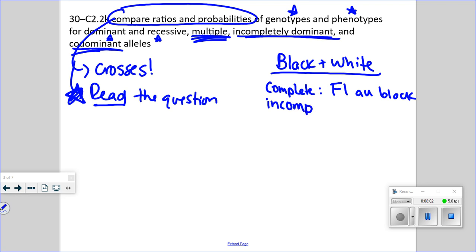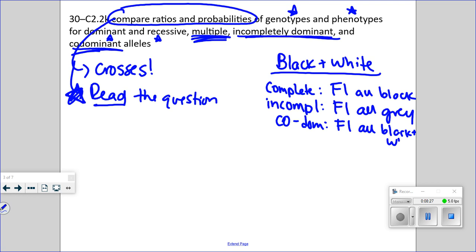If the scenario is incomplete dominance, right, that's where we get the intermediate phenotype that is not the same as either parent, that's in between, I might see that the F1 generation are all gray. And if it's co-dominance, and I do this cross, I might see something like an F1 generation are all black and white. Maybe they have spots or stripes or something.